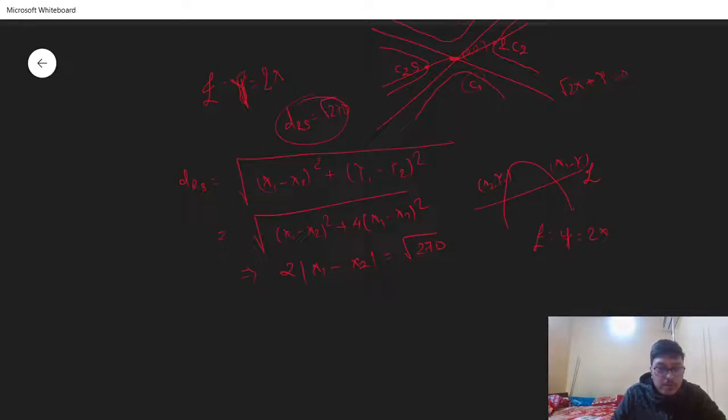Now we have the equation of C as 2x square minus y square equals 3 lambda square, and we could put y equals 2x because this curve intersects the line. So it will be 4x square, 2x square equals 3 lambda square, x square equals 3 by 2 lambda square.